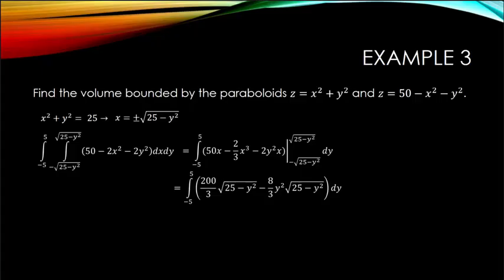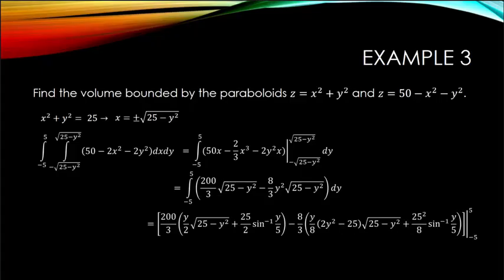This gives me the integral from -5 to 5 of 200 over 3 times the square root of 25 minus y squared minus 8/3 y squared times the square root of 25 minus y squared dy. This gives me the quantity 200 over 3 times the quantity y over 2 times the square root of 25 minus y squared plus 25 over 2 times the inverse sine of y over 5, minus 8/3 times the quantity y over 8 times the quantity 2y squared minus 25 times the square root of 25 minus y squared plus 25 squared over 8 times the inverse sine of y over 5, all evaluated from -5 to 5.